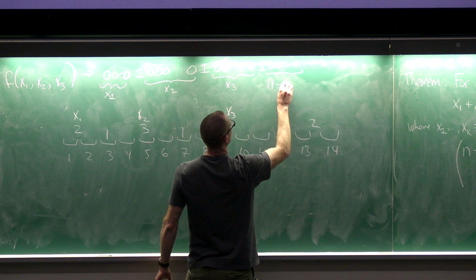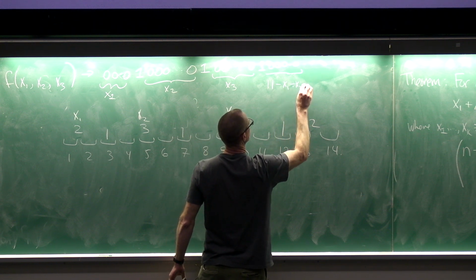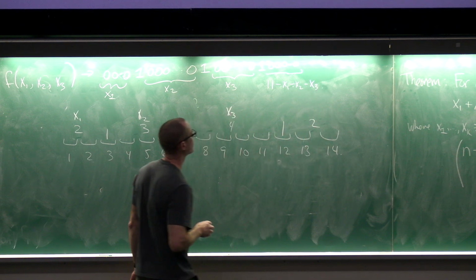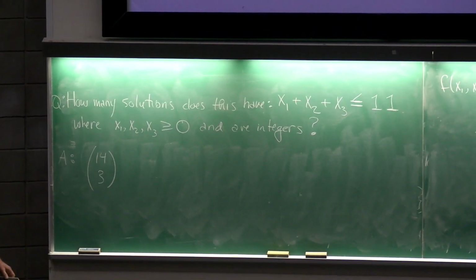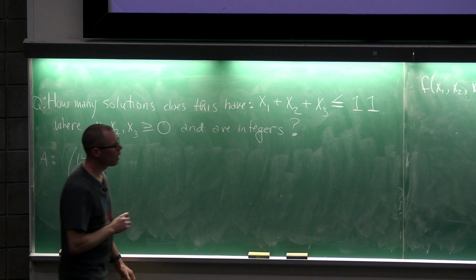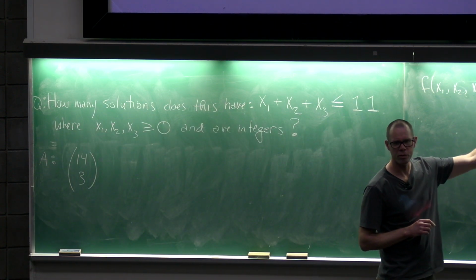I guess it's 11 minus x1 minus x2 minus x3. That's the whole proof. So the answer is 14 choose 3 because there's a bijection between solutions to this and binary strings of length 14 with exactly 3 ones in them.